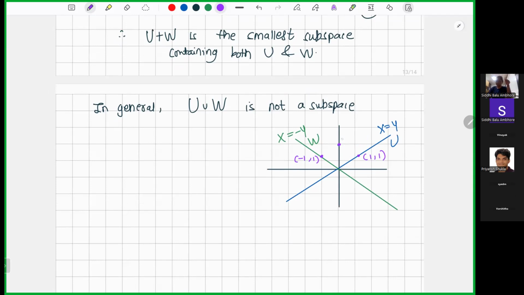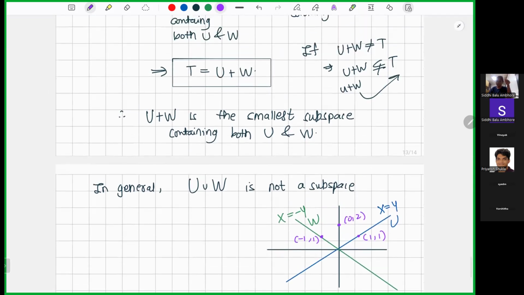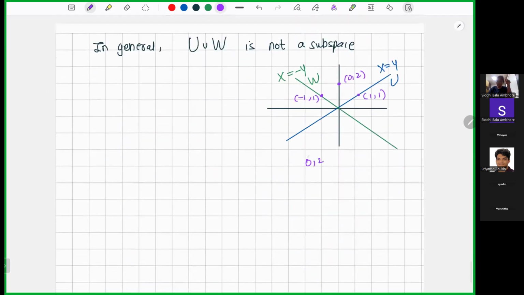This 0, 2 does not belong to L minus 1, 1 or to L 1, 1.